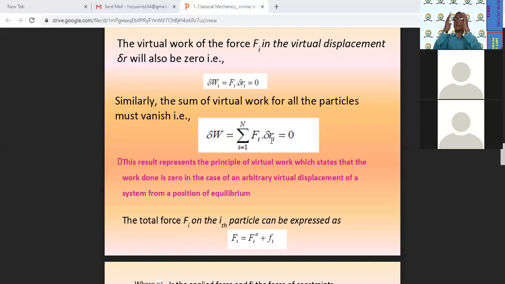That means when there is a system consisting of many particles, and if the system is in equilibrium, then the total work done by the particles of that system is equal to 0, and this concept is called the principle of virtual work.